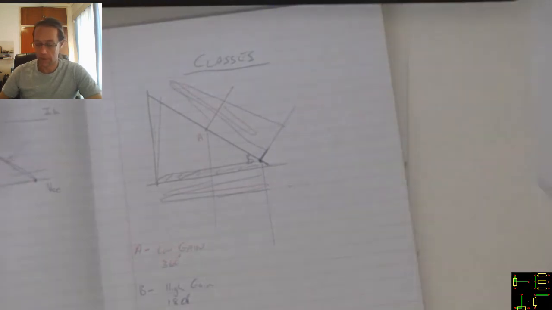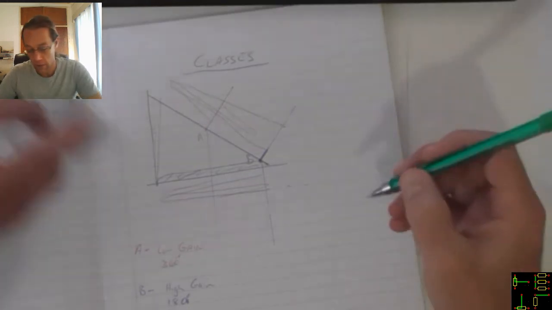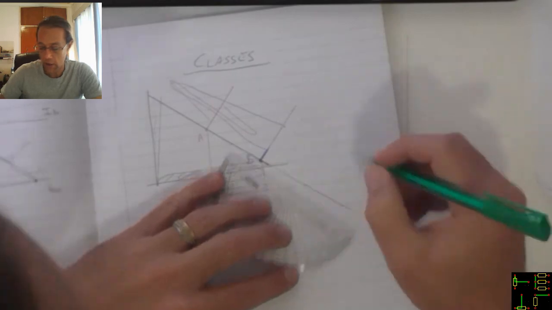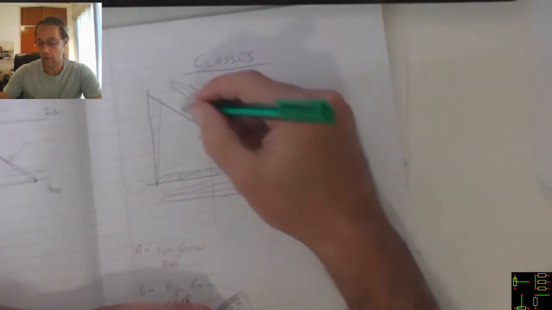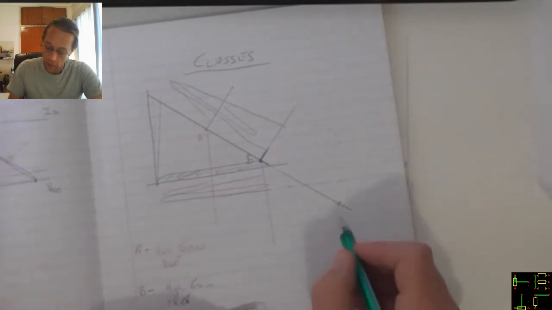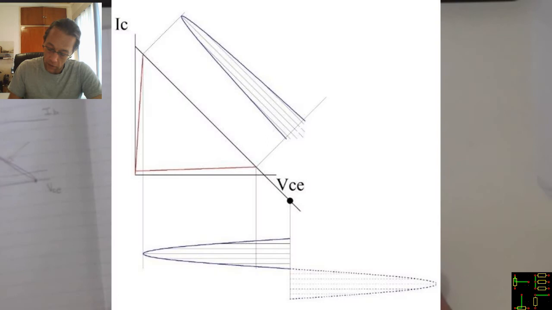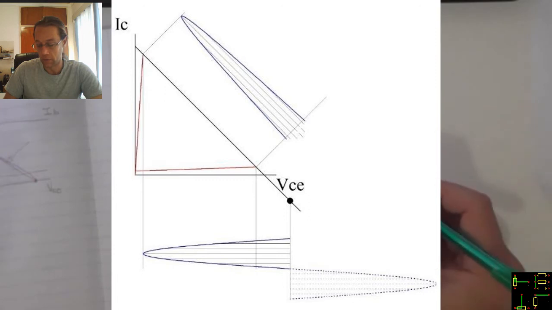My class C amplifier has its Q point way outside of my graph, way outside of my axis. As a result, it'll go and amplify just the tip of my input signal.